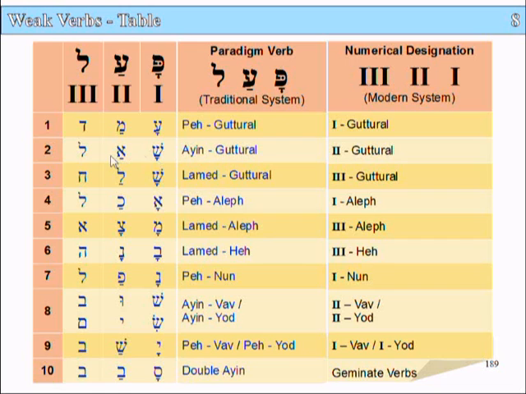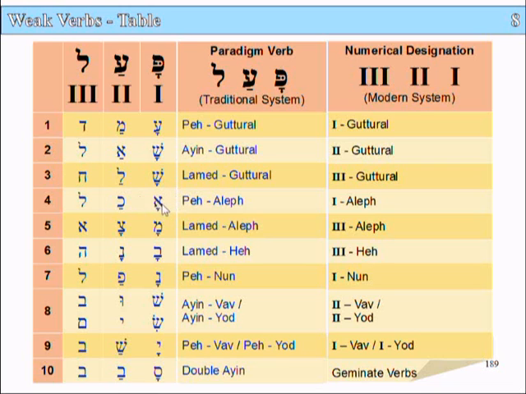So the first one has a guttural here, the second one has a guttural here, and the third one has a guttural here, a chet, in the word shalach in this example. So as I said, we'll see tables for verbs that have this particular pattern.